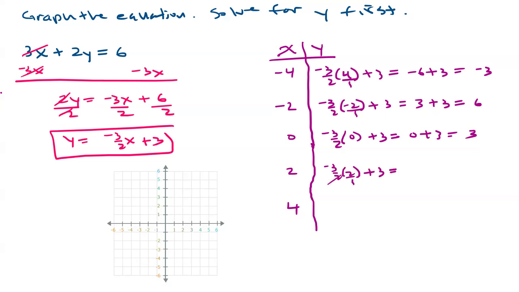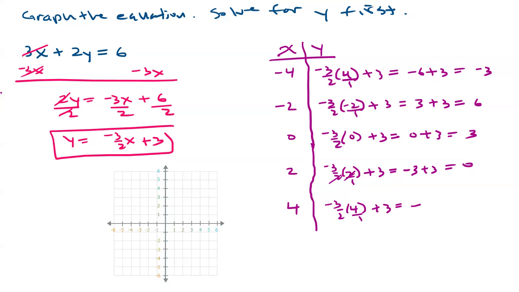The 2's here are going to cancel, so I'll have -3 divided by 1 is -3, plus 3 will give me 0. And then the last one, -3/2 times 4 plus 3. Again, I can put this over 1. -3 times 4 is -12 divided by 2, it's going to give me -6.